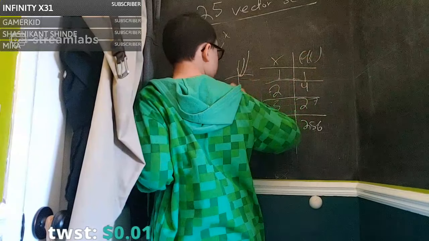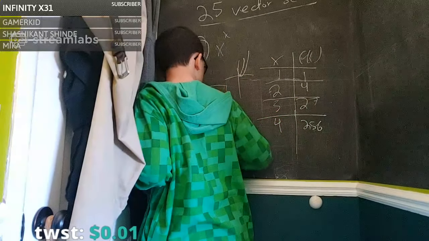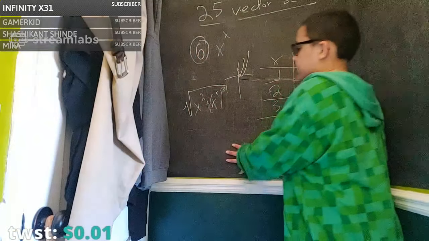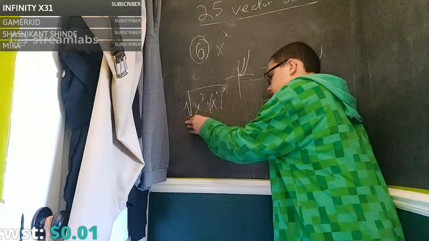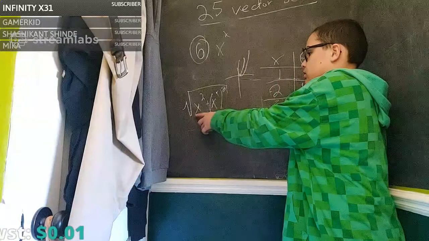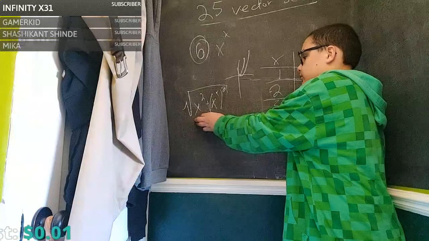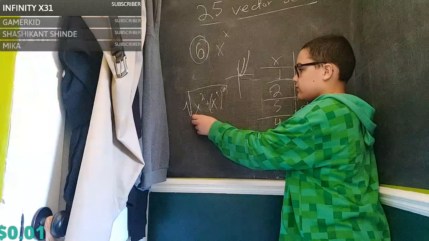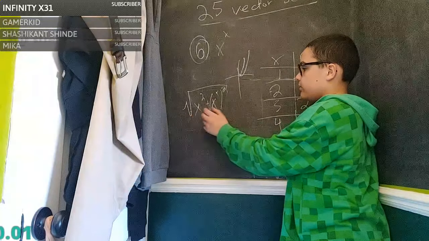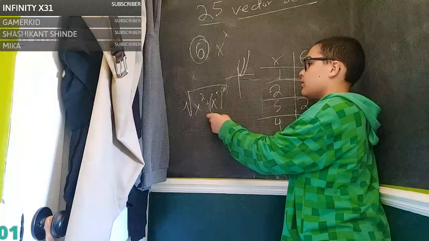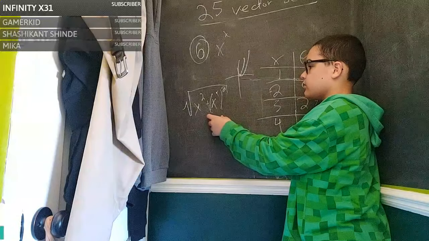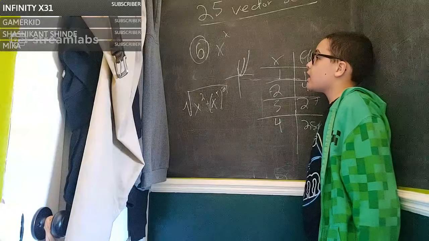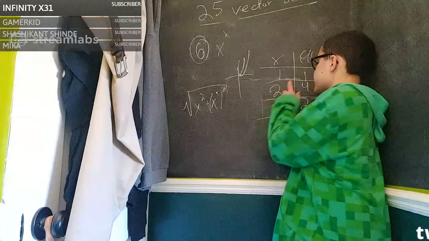But let me just try this. Plus x to the power of x squared. Let me just try this for 2 squared. Square root of 2 squared is 4. Square root of this: this is 4, but 4 plus 4 squared, 16. Square root of 20 is my approximation for this.